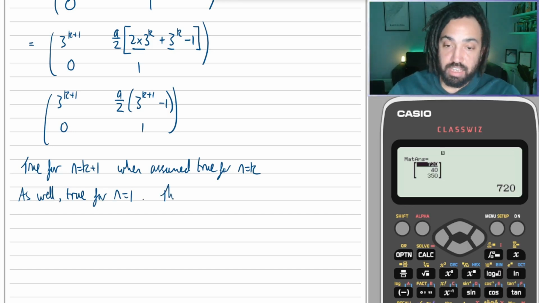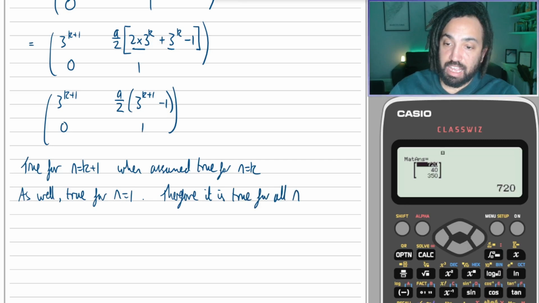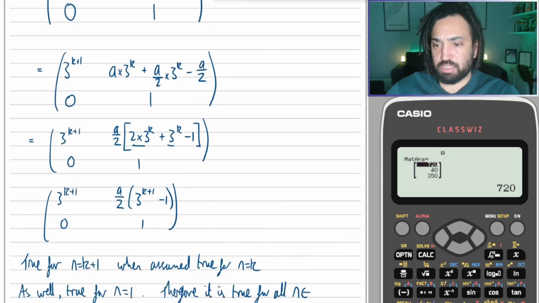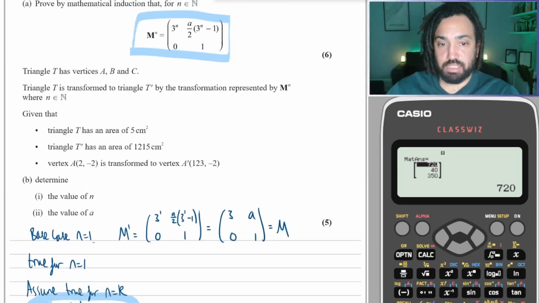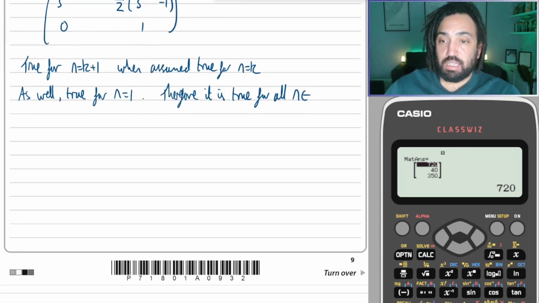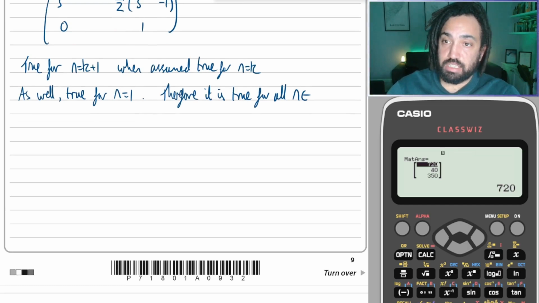And then we can say, therefore, it is true for all n being natural numbers. I think it says natural numbers, or is it integers? Depends what the question asks. It says natural numbers there. Perfect. Okay, so natural numbers. Yeah, so we're good. That is the end of the proof.